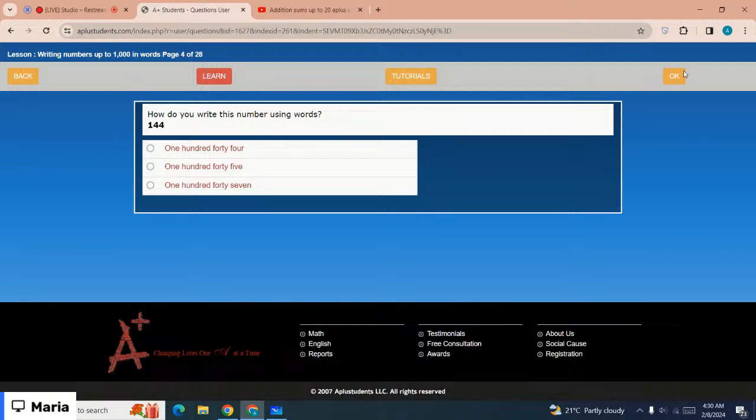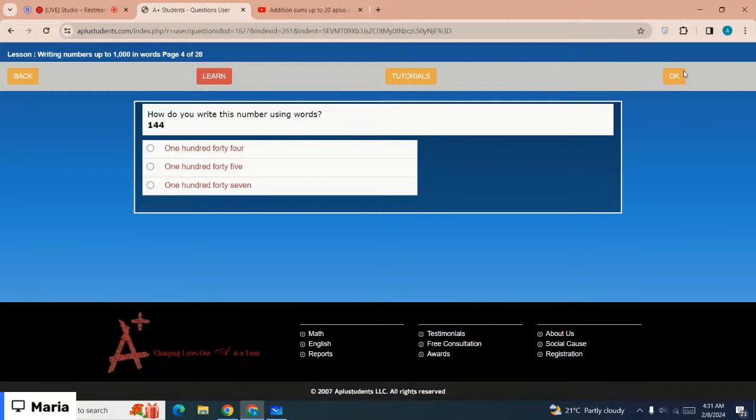How do you write this number using words? Which is the correct option? That is 144, option number 1 is the correct option, right?